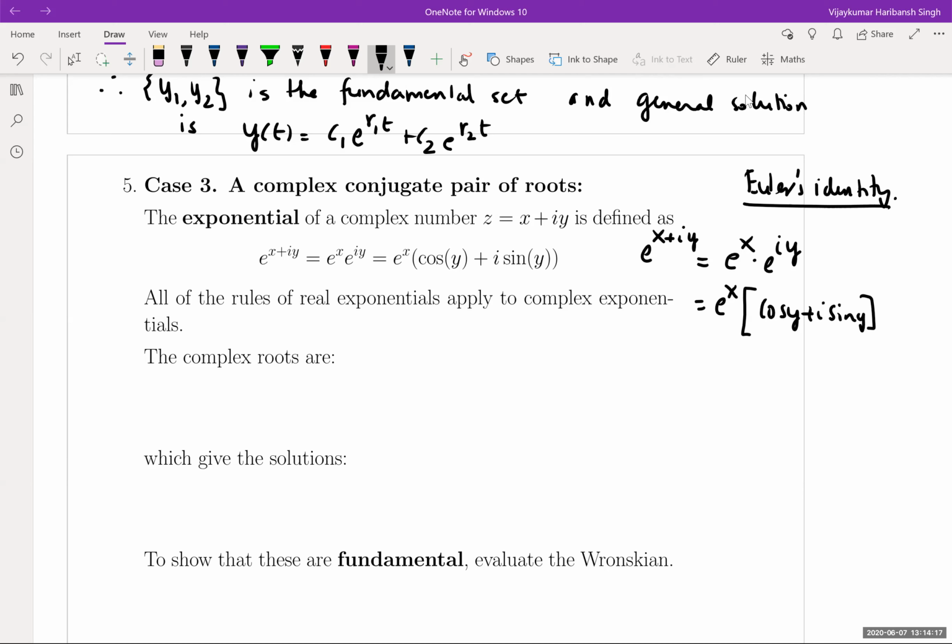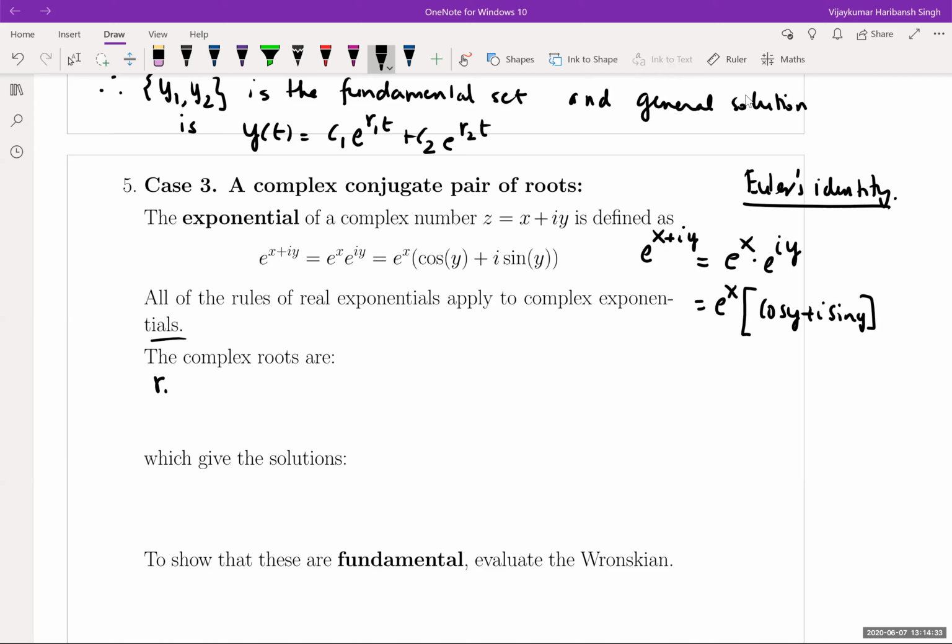So now we have this, and note that all rules of real exponents apply to complex exponents as well. That will help us in trying to simplify the solution.